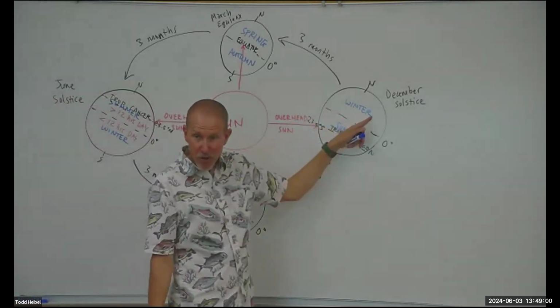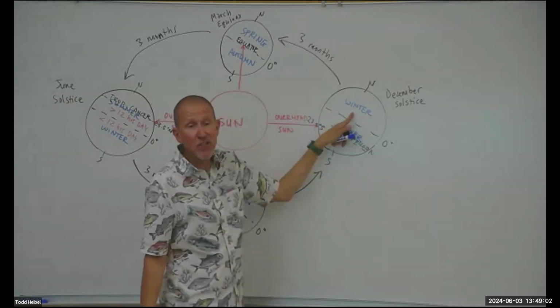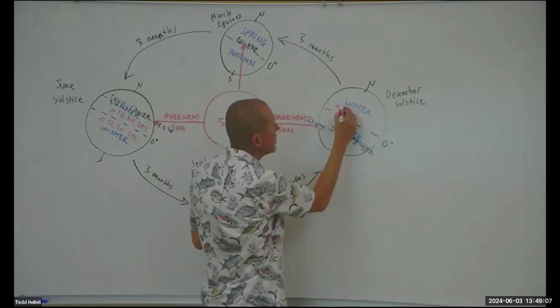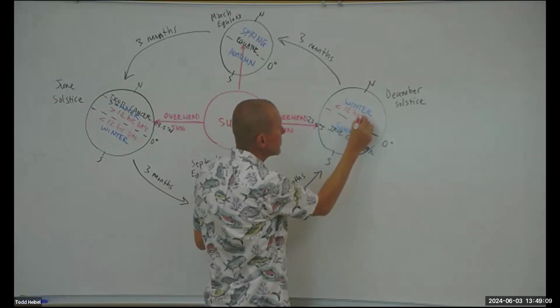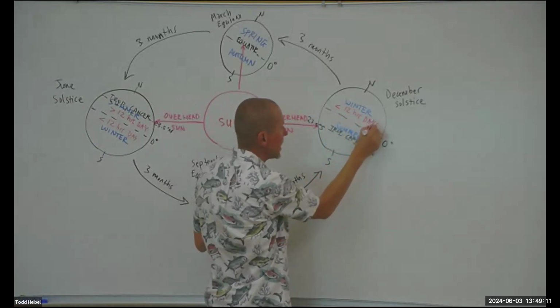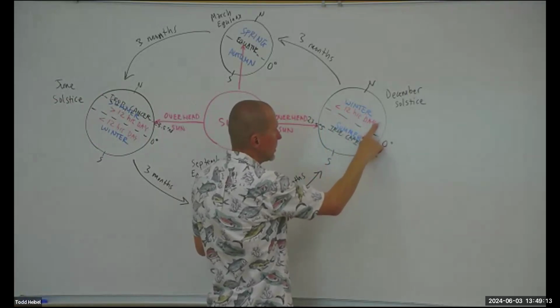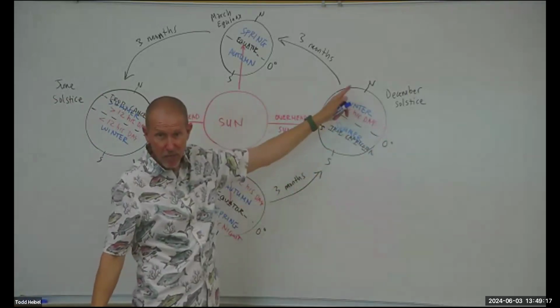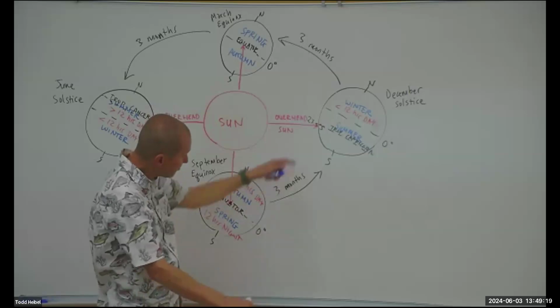At the December solstice, one of the reasons why it is winter for us is now everybody north of the equator receives less than 12 hours a day, all the way down to zero when we get north of the Arctic Circle, right?